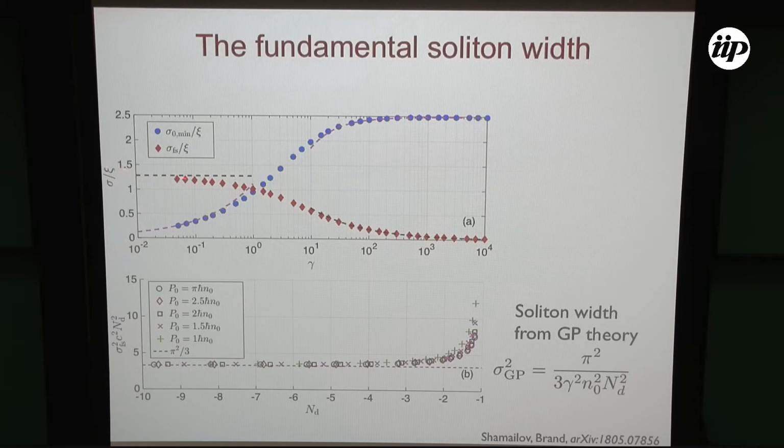The dashed line here is the prediction from Gross-Pitaevskii theory. So that comes out well. Now for large gamma, this width parameter goes to 0. I think it's a fairly interesting and non-trivial quantity that we're extracting here, which is otherwise not easy to extract.